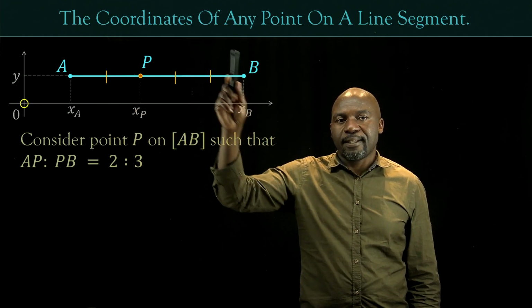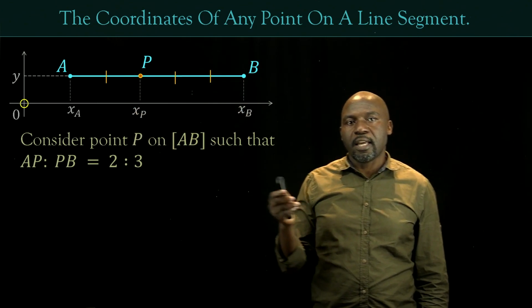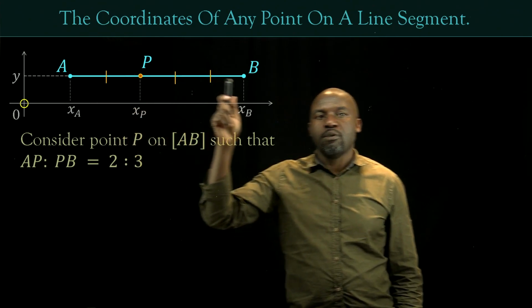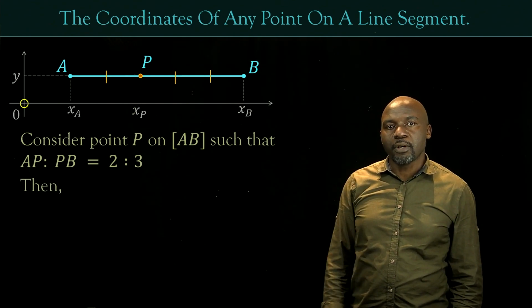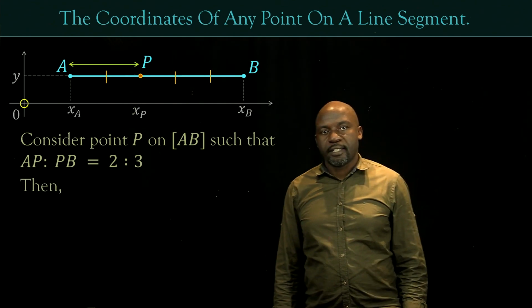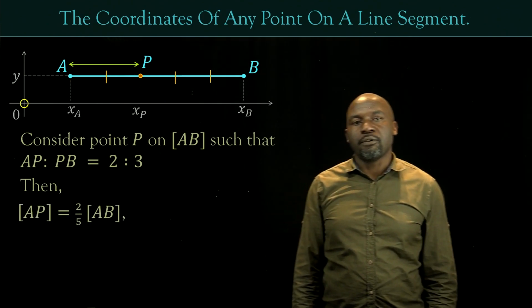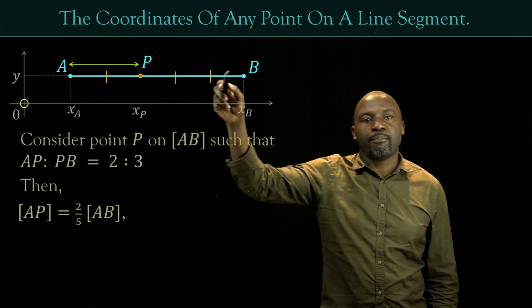PB takes 3 parts out of 5. So we can say that AP is 2/5 of AB. This is very important. That distance AP must be 2/5 of AB because it is 2 parts of the total 5 parts.